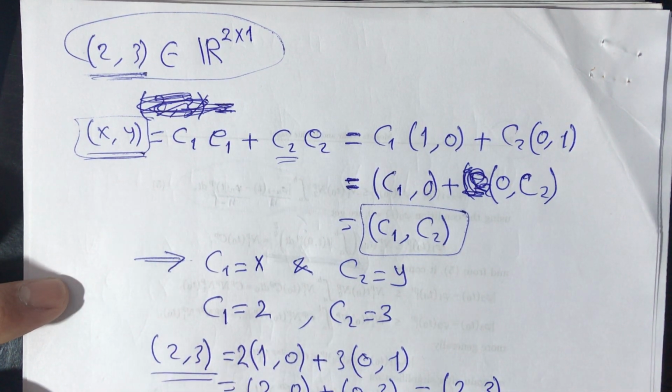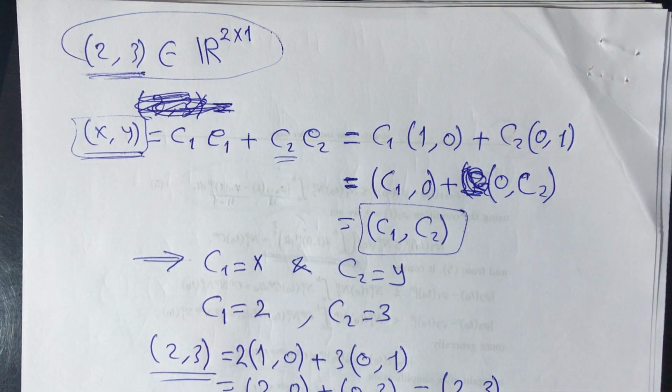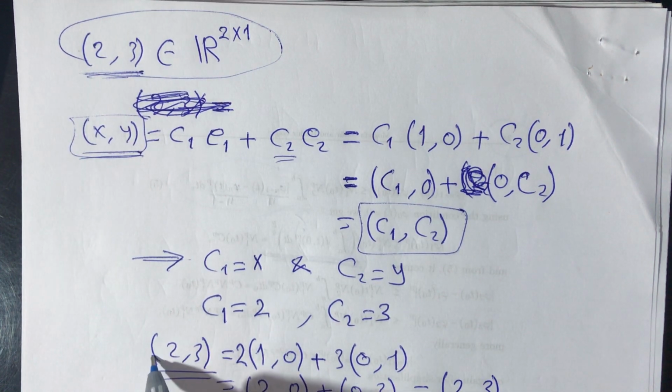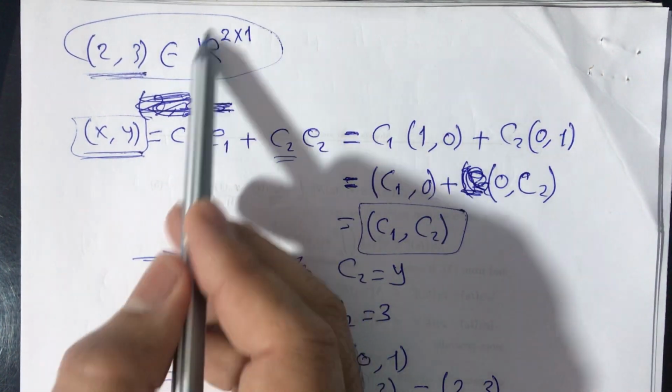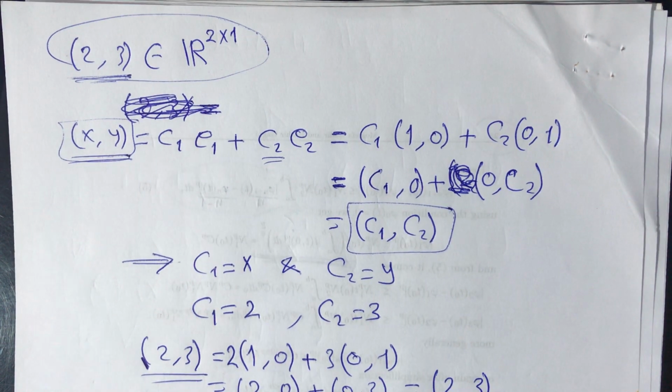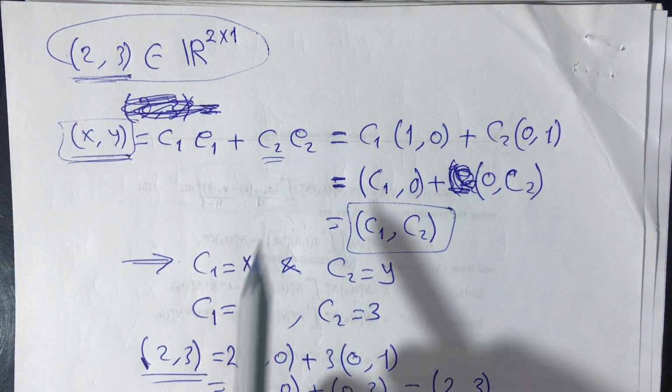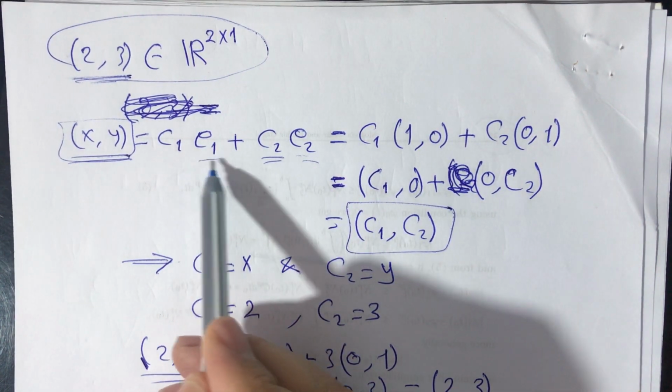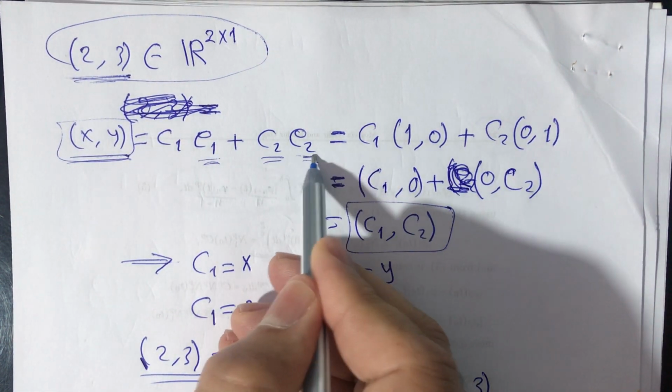So we can write any vector in R2 times 1 this way, as a linear combination of these two vectors, E1 and E2. This is a basis.